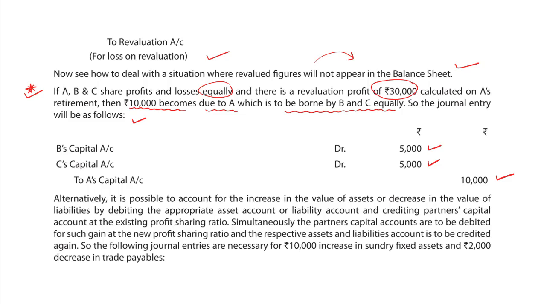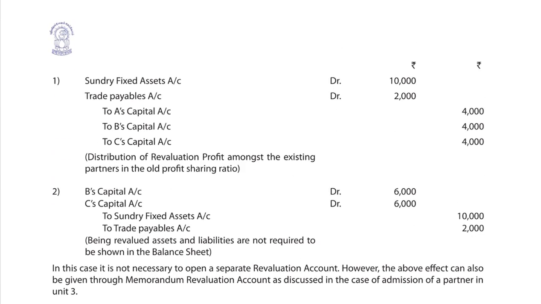Simultaneously, the partners' capital accounts are to be debited for such gain at the new profit sharing ratio, and the respective assets and liabilities accounts are to be credited again, so that the following journal entries are necessary for 10,000 increase in sundry fixed assets and 2,000 decrease in trade payables. Sundry fixed assets account debit 10,000, trade payables account debit 2,000, to A's capital account 4,000, to B's capital account 4,000, to C's capital account 4,000.